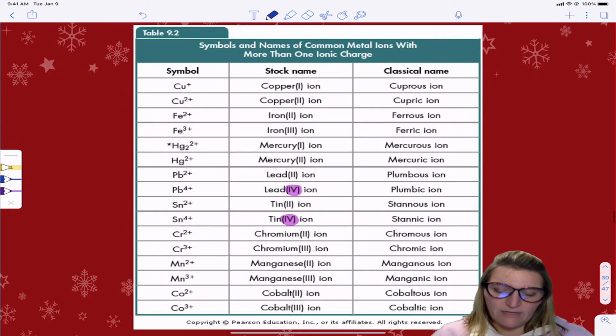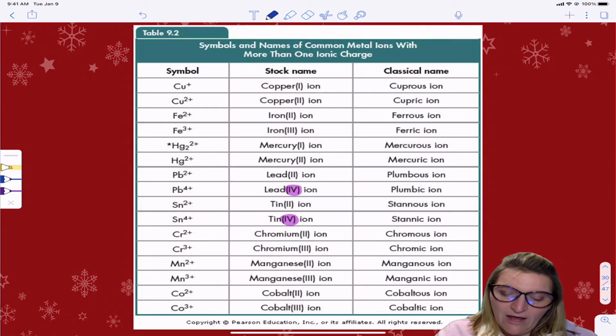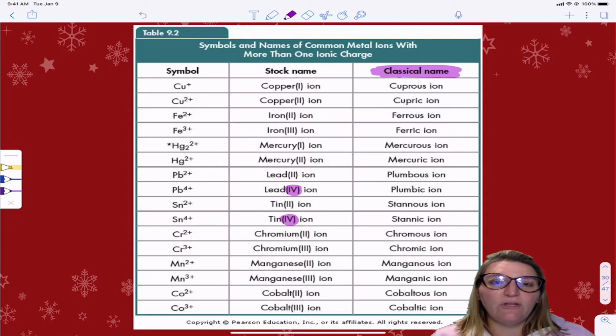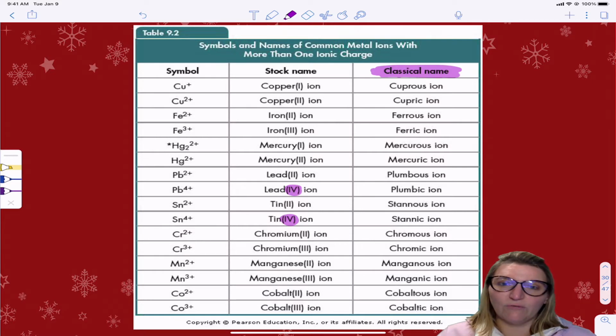The chart, table 9.2, just goes through some of the more common transition metals and the possible ions that they can make. And the reason why I am just pointing this chart out is because I want to show you that this is sort of the newer naming system. I don't know, it was new when I was in high school, so it's new-ish. But using the Roman numerals is actually the newer version of this.